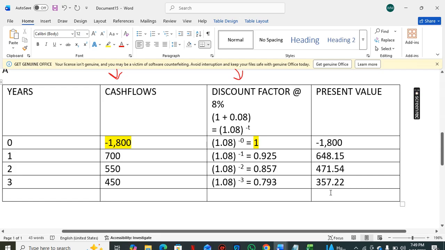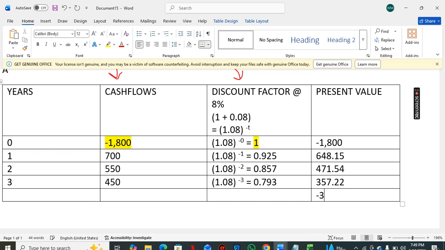Okay, you are going to get negative 323.09.